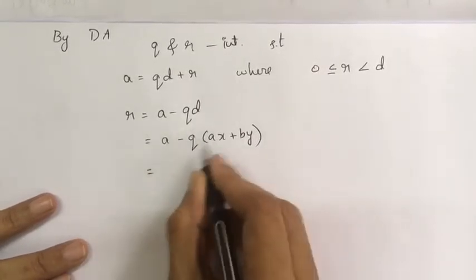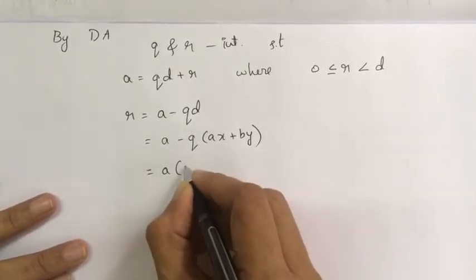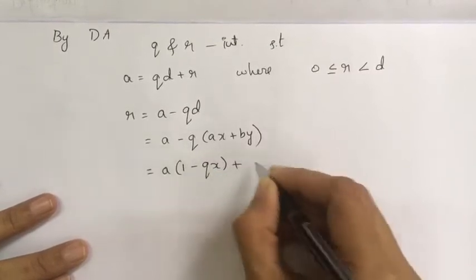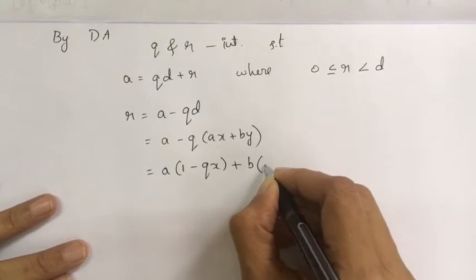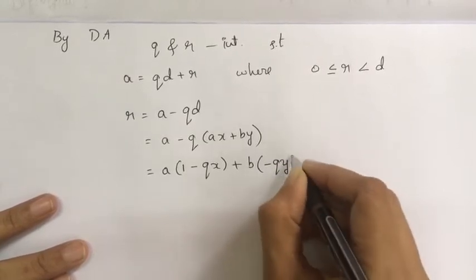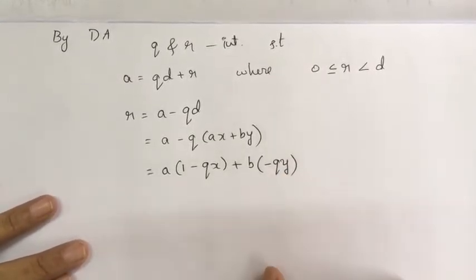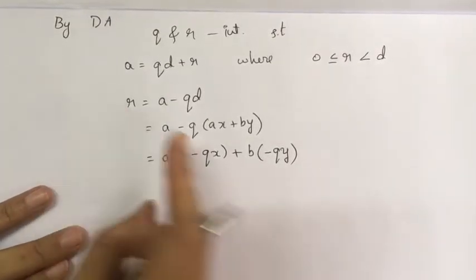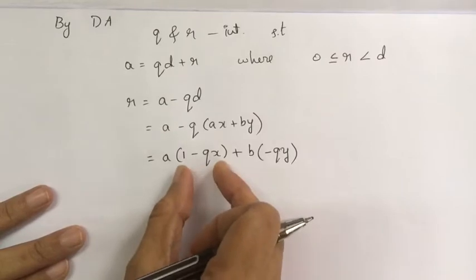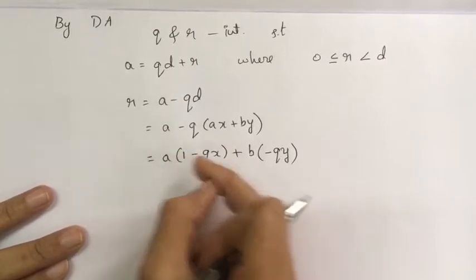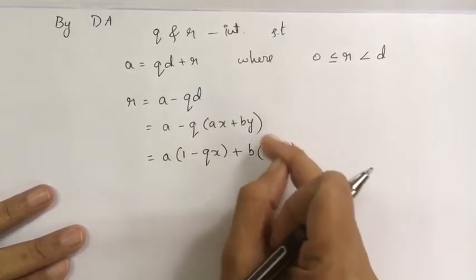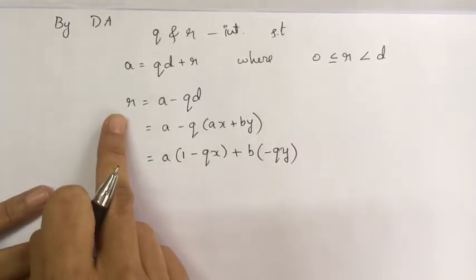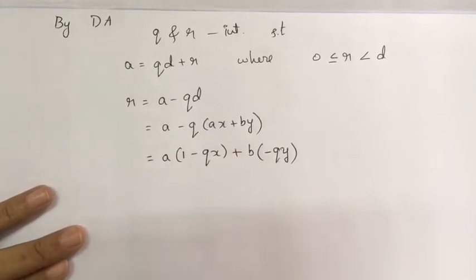I'll take A common, so that this will be A into (1 minus QX) plus B into (minus QY). Now see, this is again in the form A into some integer plus B into some integer, a linear combination. So this R belongs to set S now.